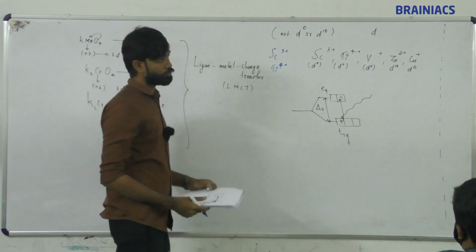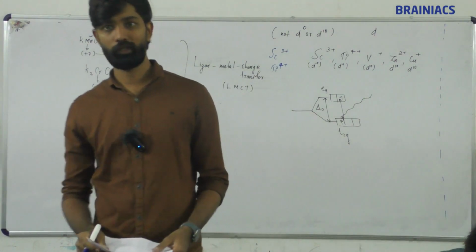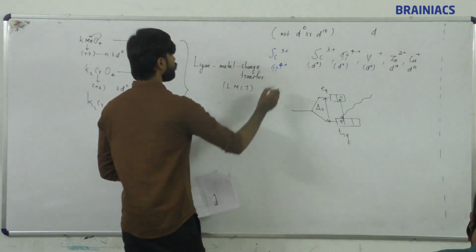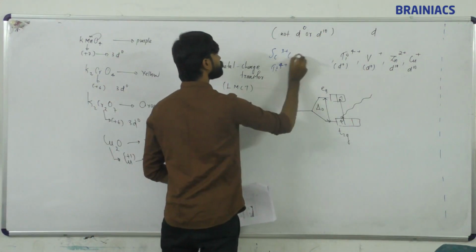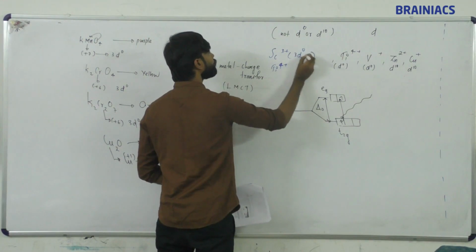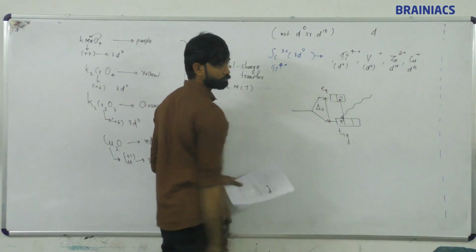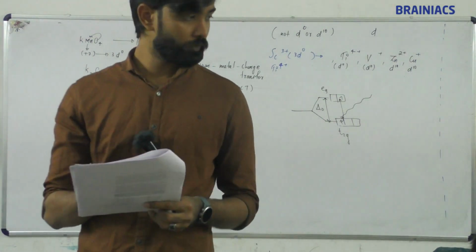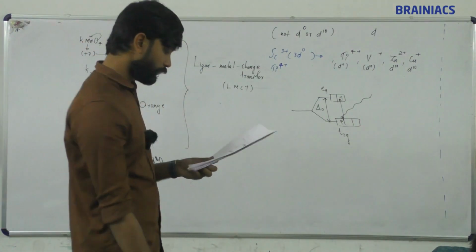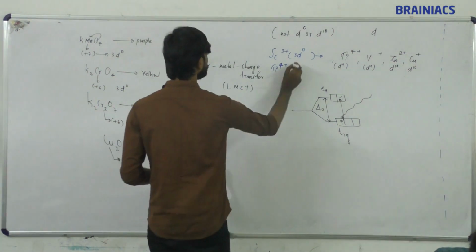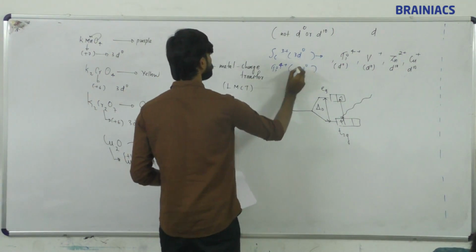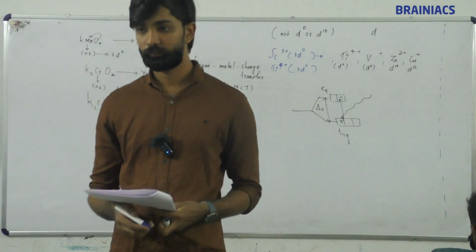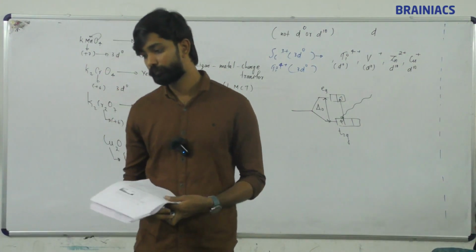Sc3+ is already written as colorless, and you can show the configuration also: 3d0, colorless. Next, Ti4+, 3d0, colorless. Next, Ti3+.